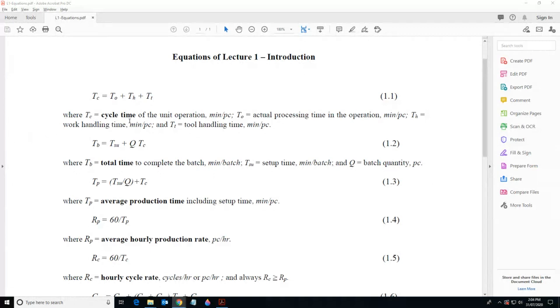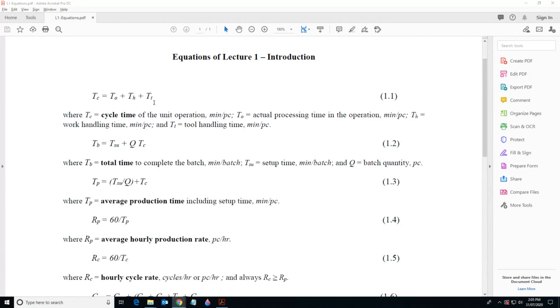Anyway, moving on. As I said, there is a cycle time, the time needed to produce a part, referred to as TC, and the equation for TC has a number of components. Those include TO, TH, and TT. TO is the actual processing time, and TH is the time for loading and unloading of the part, also referred to as handling time.